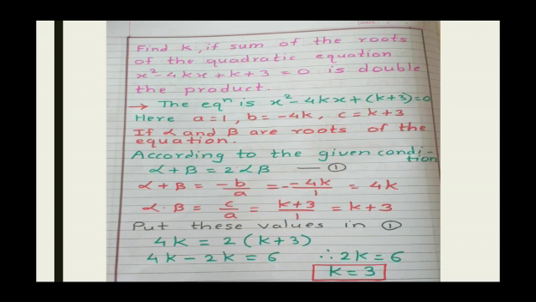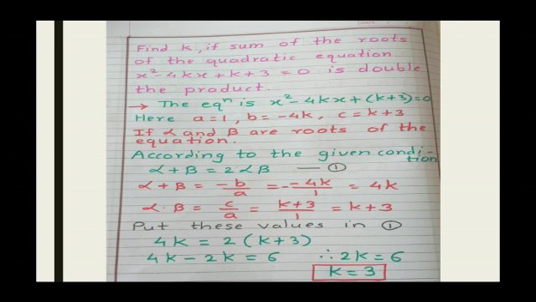Now alpha plus beta is equal to minus b upon a, put the values of b and a, we get minus, then minus 4k upon 1, as b value is minus 4k and a value is 1, answer 4k. Alpha into beta is equal to c upon a, that is c value is k plus 3 upon a value 1, that is k plus 3.